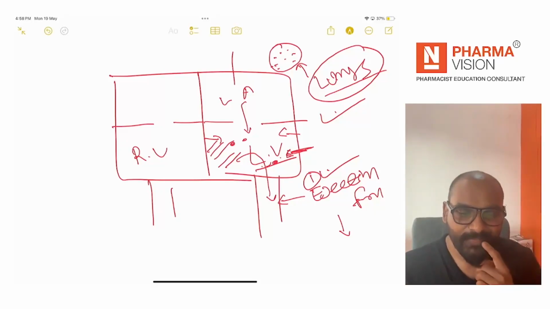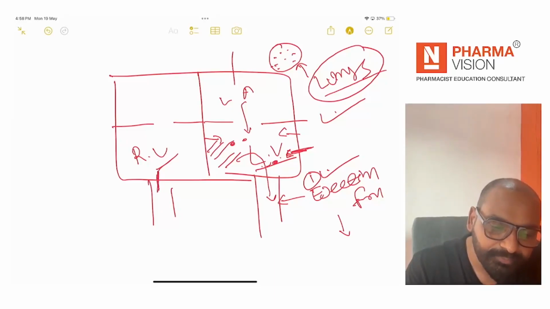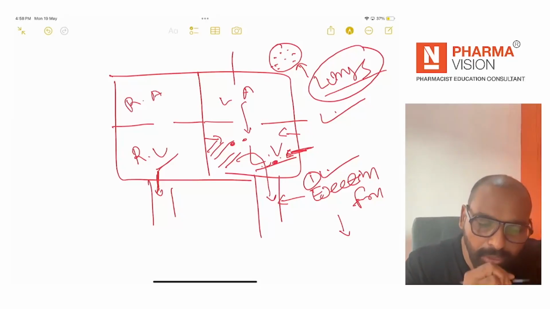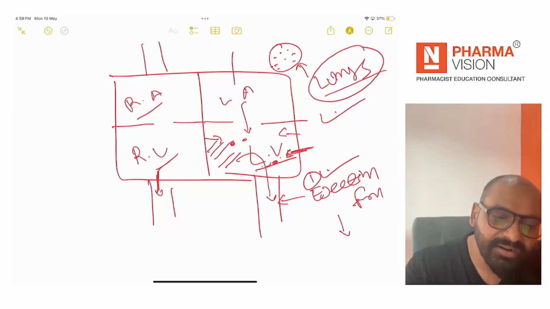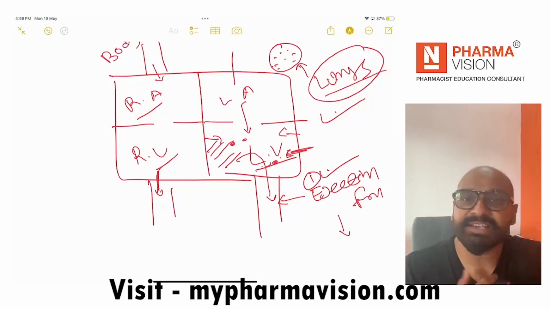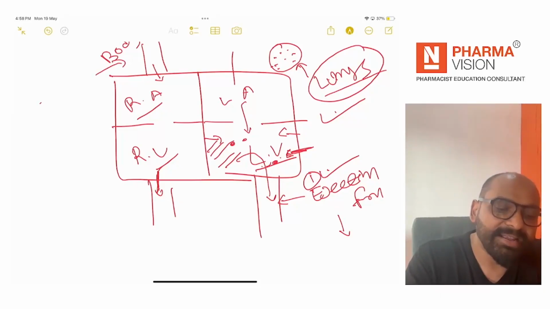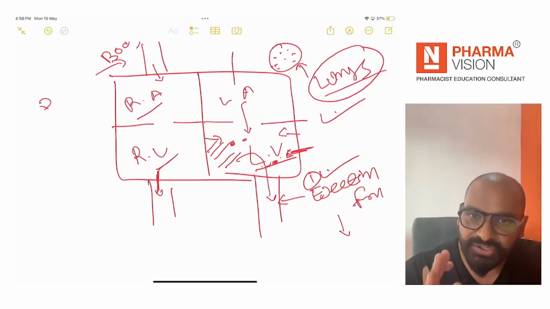The second thing is right ventricular failure. If the patient is suffering from right ventricular failure, the right ventricle is not pumping properly, so the right atrium is accumulated with fluid. That means the right atrium is not receiving fluid from the body, so there is more congestion in the body. The major sign is in the jugular vein. That vein is distended, fluid is accumulated. So first, jugular vein distension.